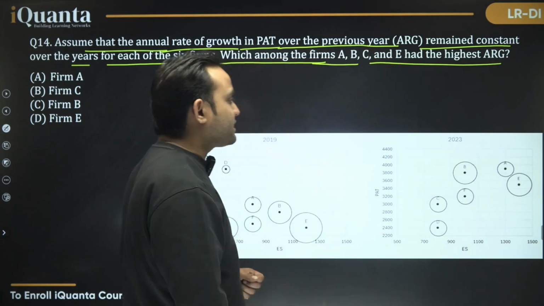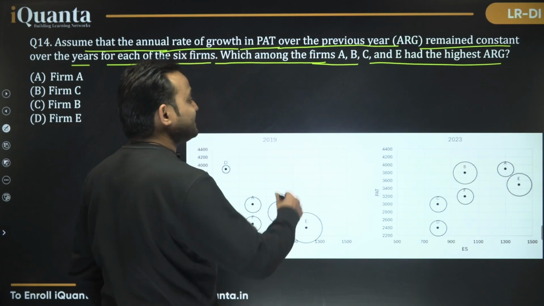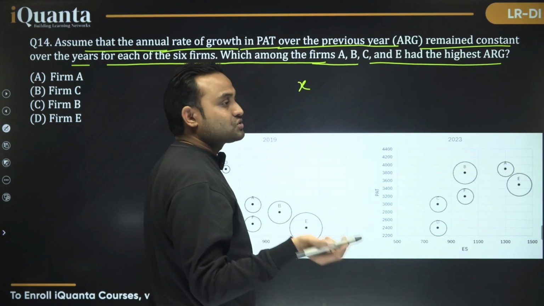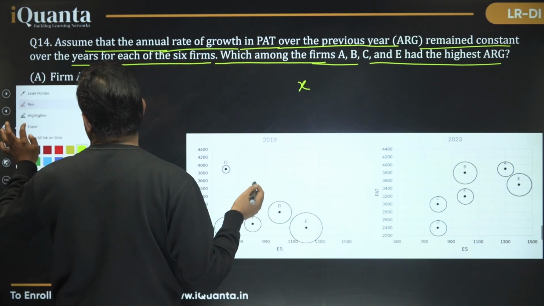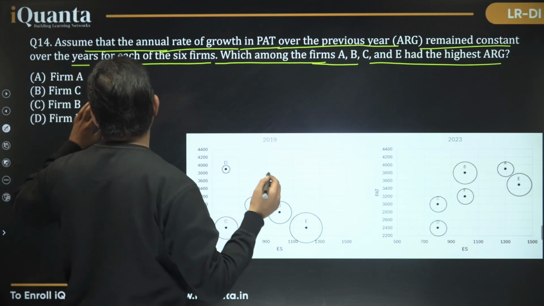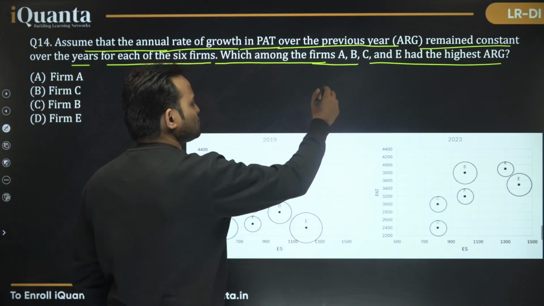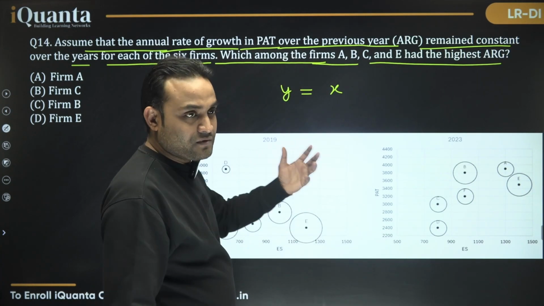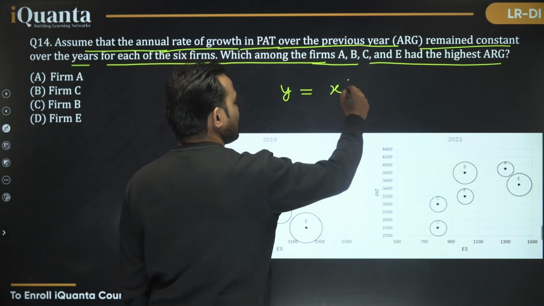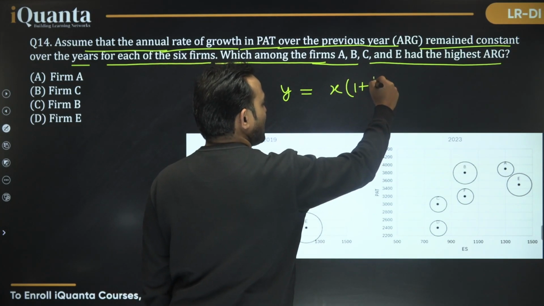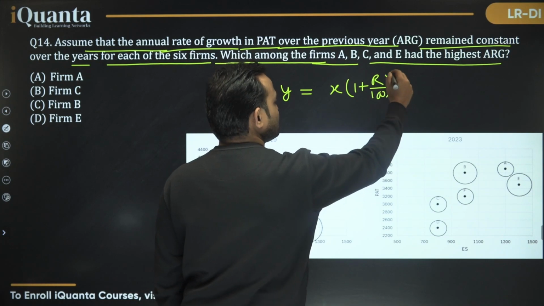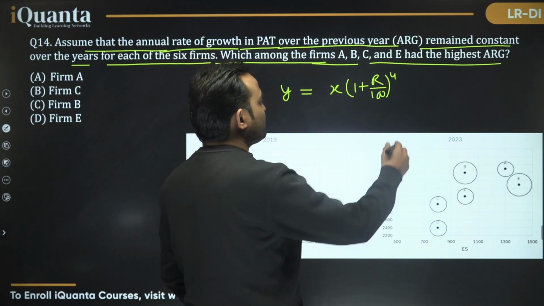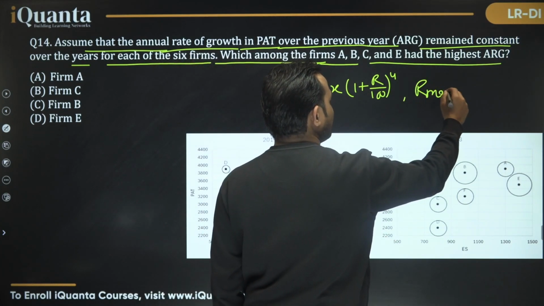Now let's say the total PAT for any of these firms is X in 2019 and Y in 2023. Then we can say X into 1 plus R by 100 to the power 4, as there are 4 years, 2019 to 23. So we need to find in which case R is the maximum.